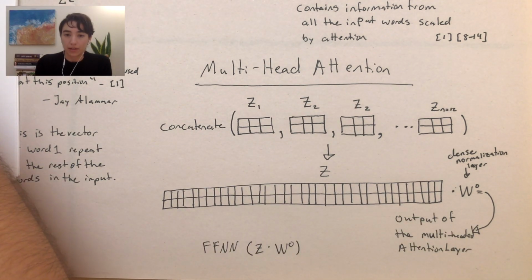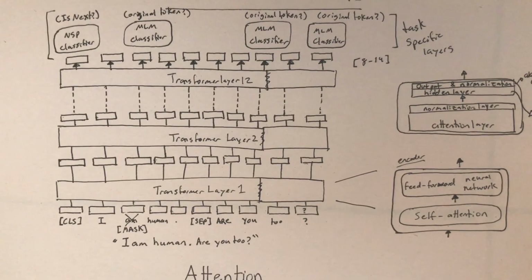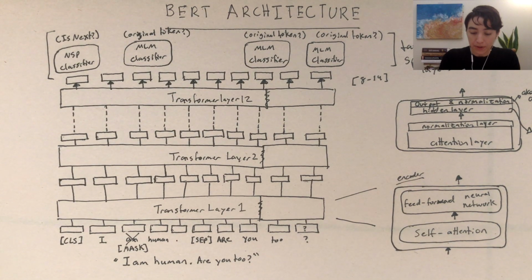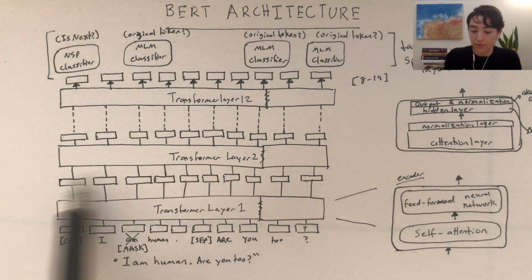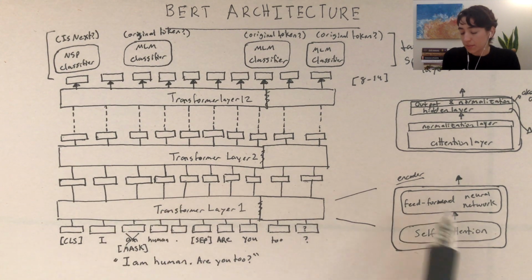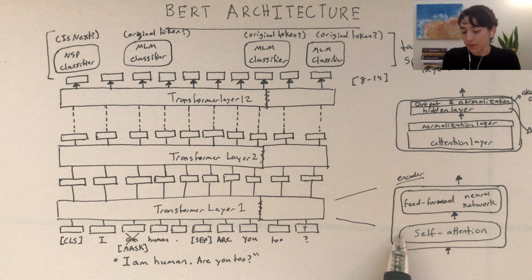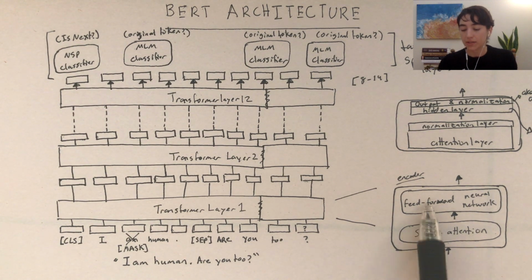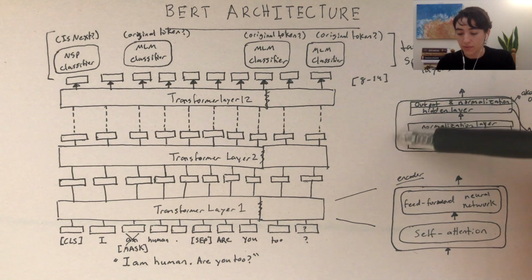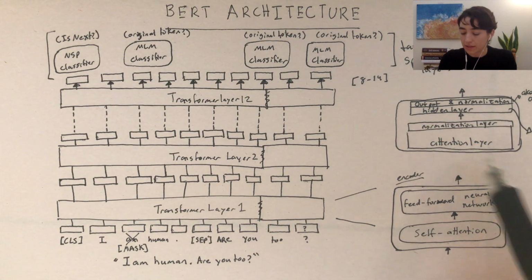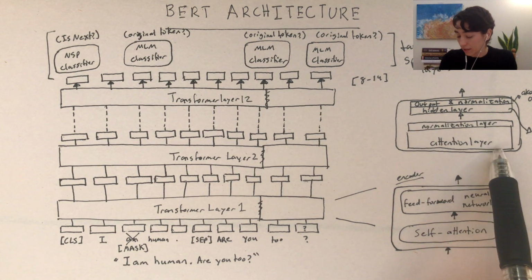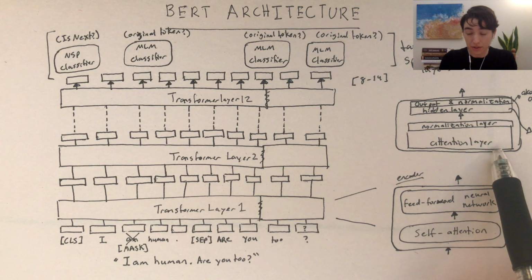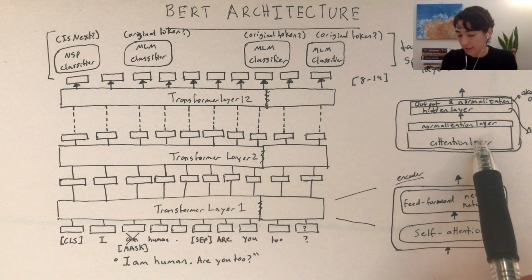Now let's go back to the BERT architecture. So back up at the BERT architecture, here we have this transformer layer, and when we take a deep look at that, we see that it's composed of self-attention and a feed-forward neural network. Okay, so this is what we were just looking at right here. We had our attention layer. This is our multi-headed attention, where the output of this is concatenated.